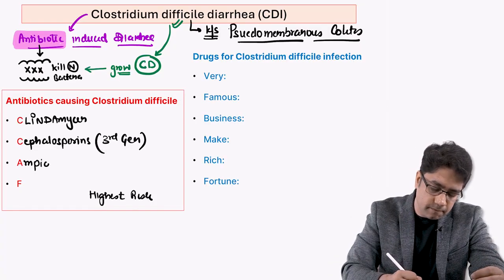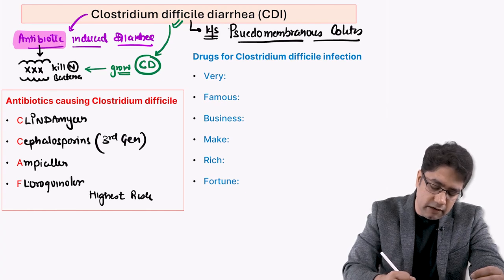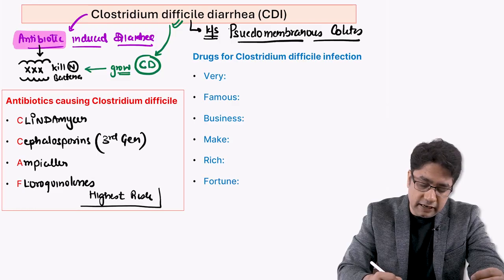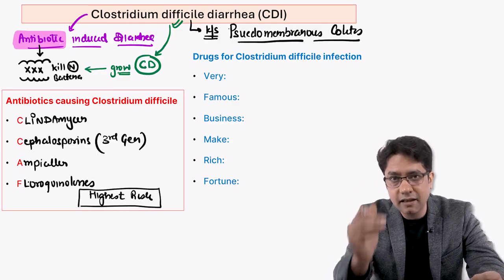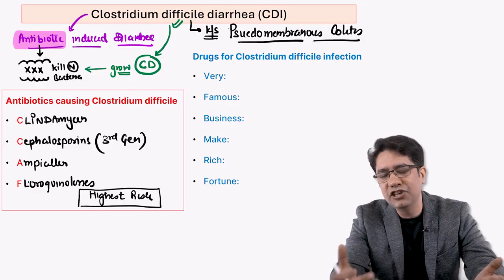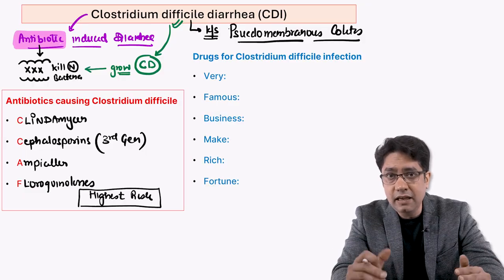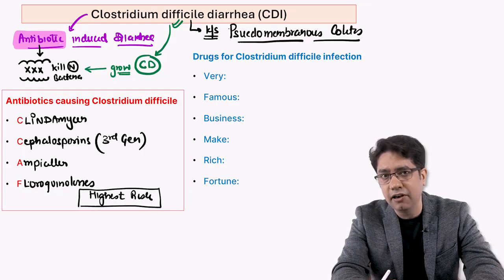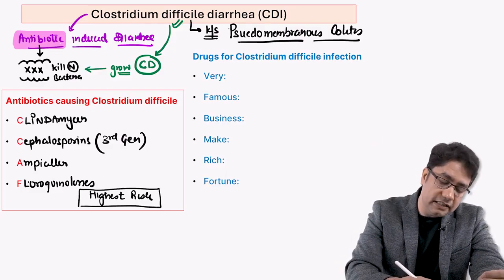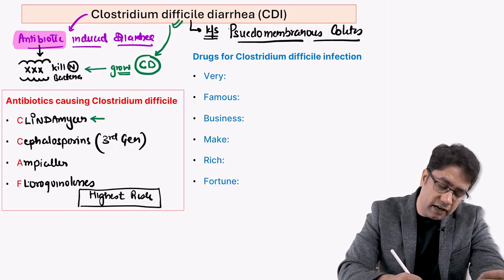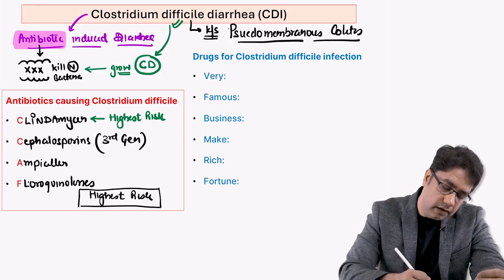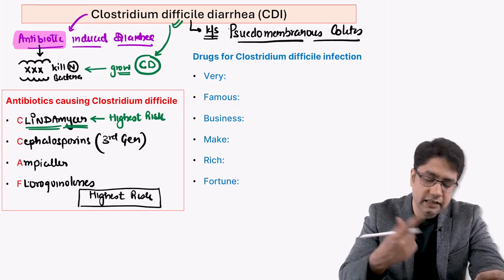A for ampicillin and F for fluoroquinolones, like ciprofloxacin, levofloxacin. When these 4 antibiotics are given, they kill GIT bacteria and Clostridium difficile can happen. Even in this group of 4 antibiotics, if somebody asks you which antibiotic has the highest risk, overall highest risk is by clindamycin.